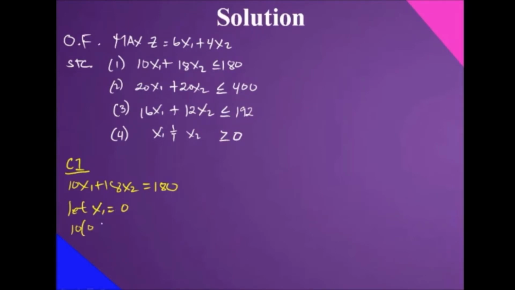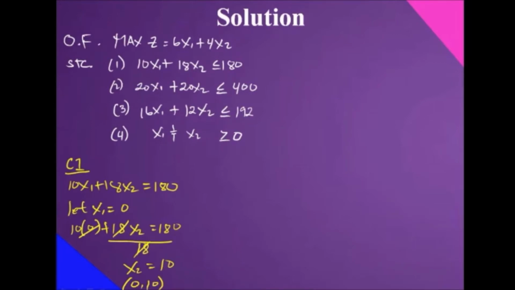So, 10 times 0 plus 18 x sub 2 equals 180. So, cancel. Divide both sides by 18 para maiwan si x sub 2. Ang sagot natin for x sub 2 is 10. Therefore, if our x sub 1 is 0, our x sub 2 will be 10.